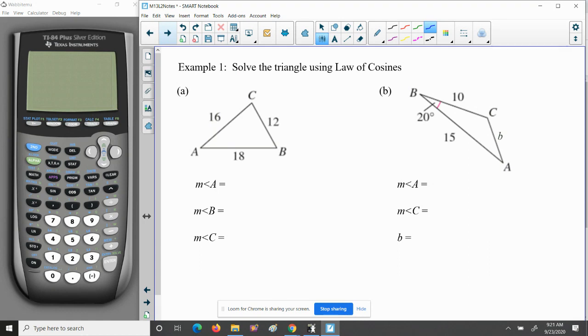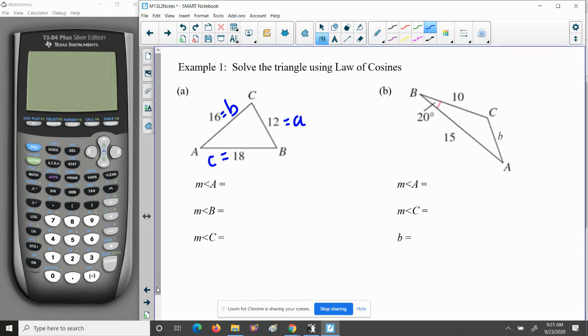If it helps you, you might want to label which is which. 16 is across from angle B, so that is side b. 12 is across from angle A, so that is side a. And 18 is across from angle C, so that is side c.